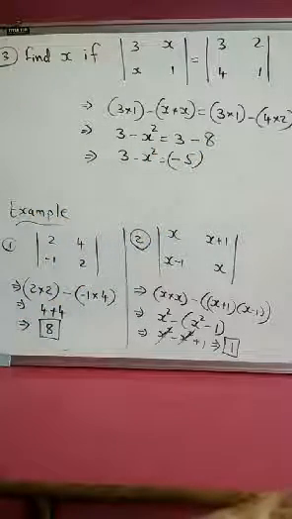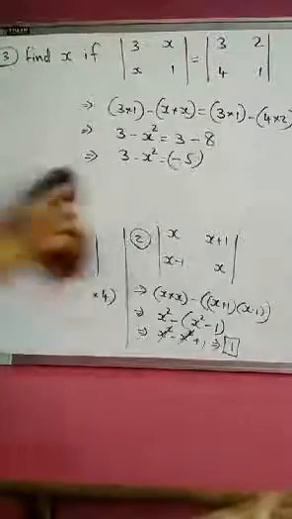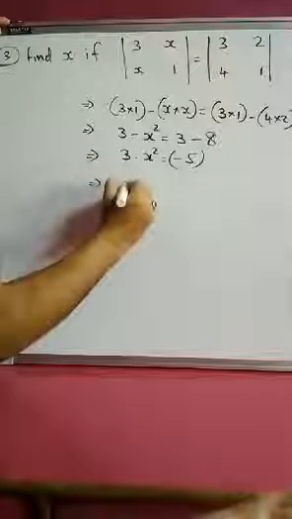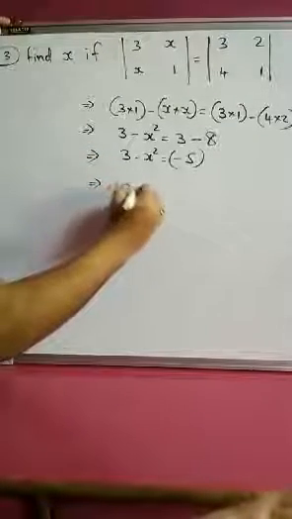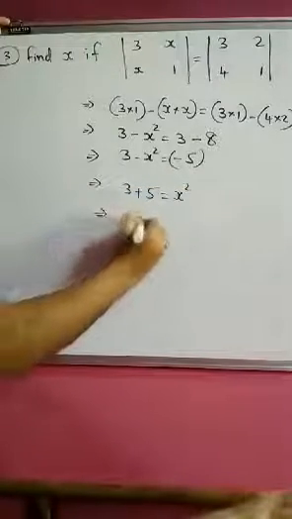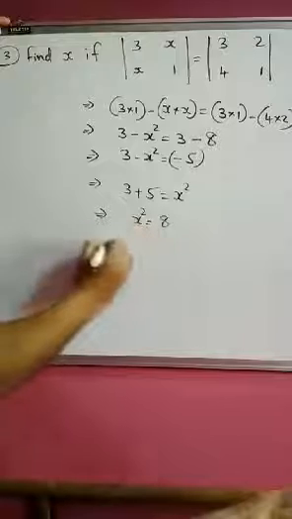Now what we can do is 3 plus 5 is equal to x square. So x square will be equal to 8.